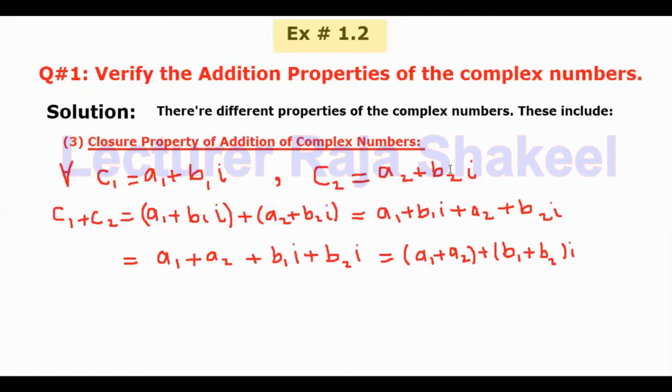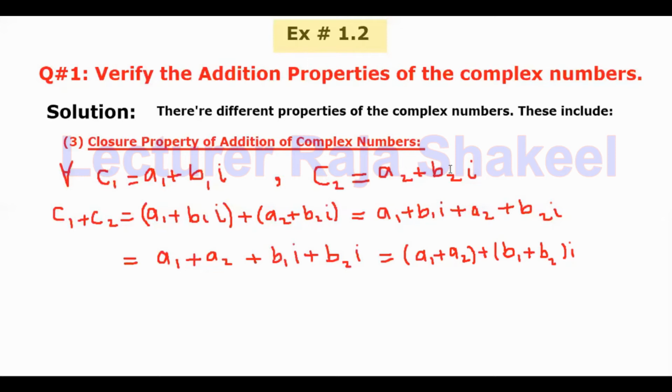Now if you examine or analyze it, you find that A1 plus A2 means real plus real, and we had already found that real plus real is always a real number. And the same is the case with B1 plus B2, because B1 and B2 are basically real numbers which have been combined with iota.